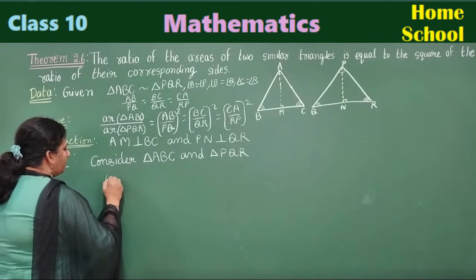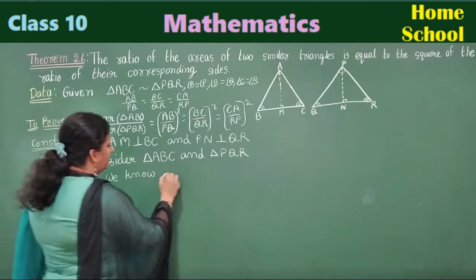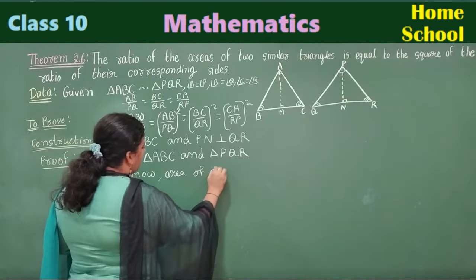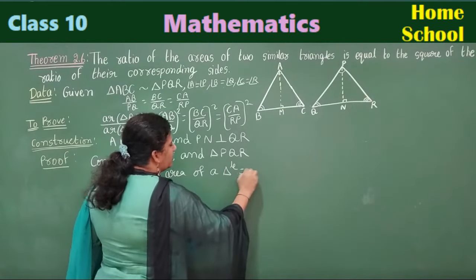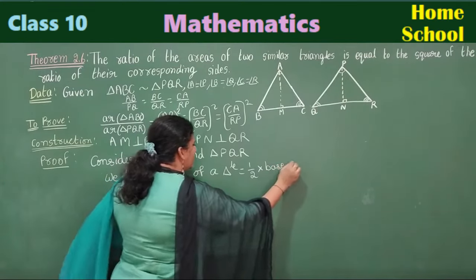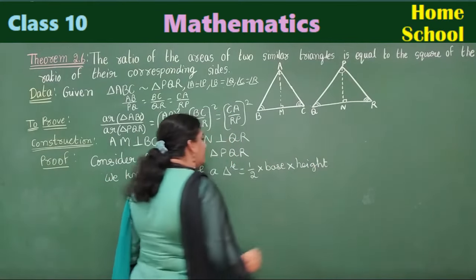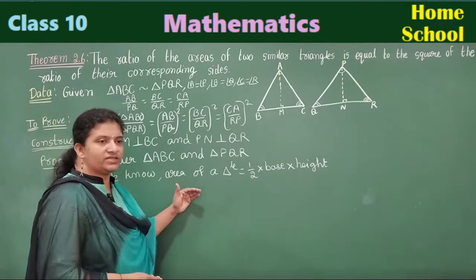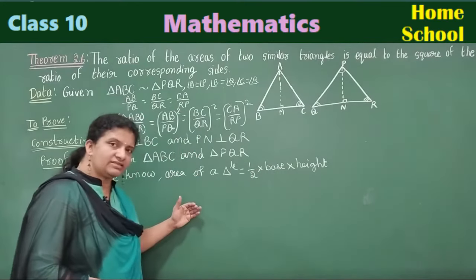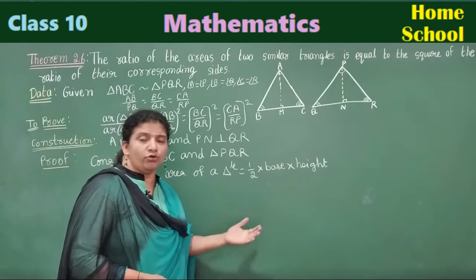So we know the area of a triangle is equal to half into base into height, right? When we are writing a theorem, on this side we write the statement and on this side we give the reasoning, due to which formula or which rule we are writing that.